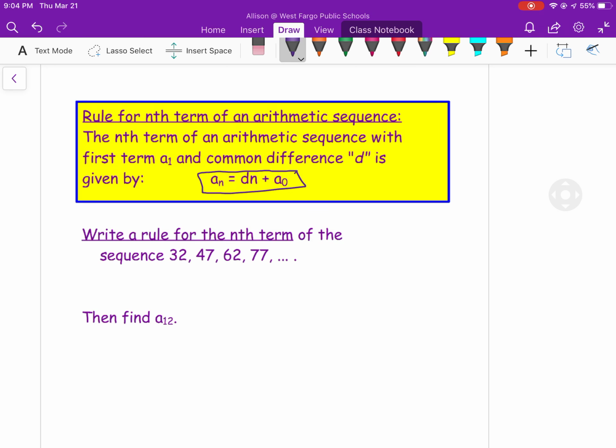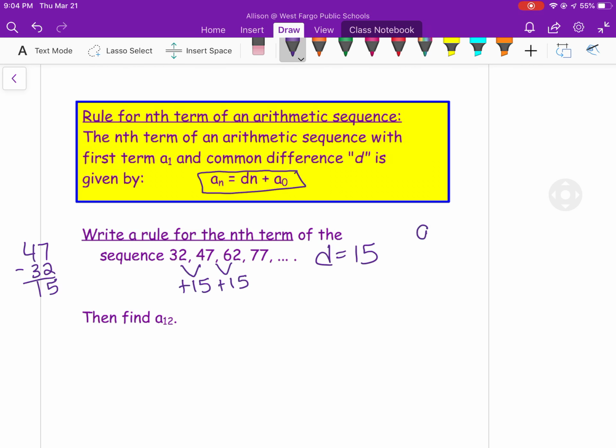So I always start by finding the common difference first. What's being added or subtracted? In this one, I am adding 15 each time, from 32 to 47. If it's not that obvious, you can take the second term and subtract the first term. And then you can see where I got the 15. So I got d equals 15.